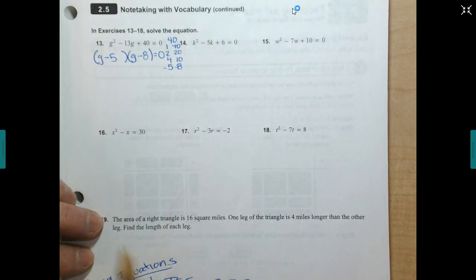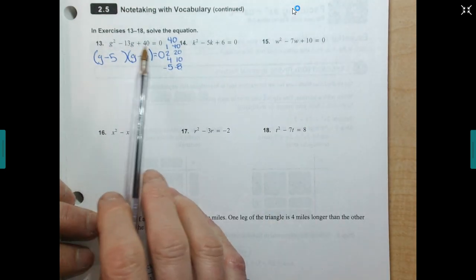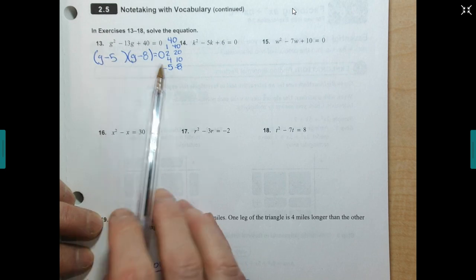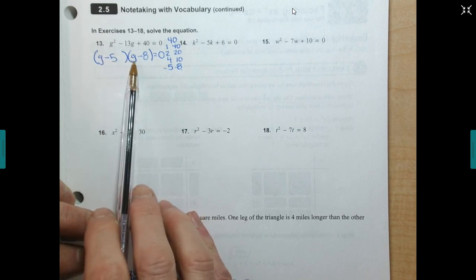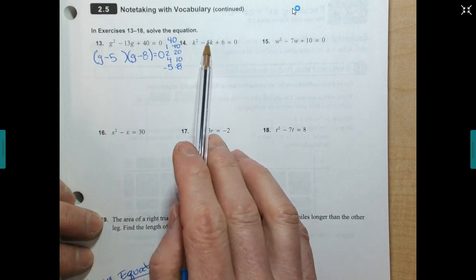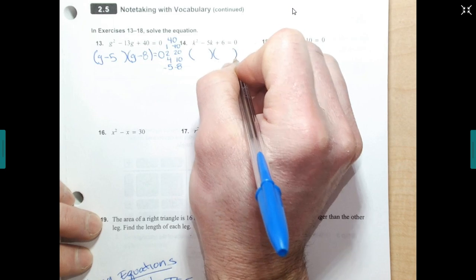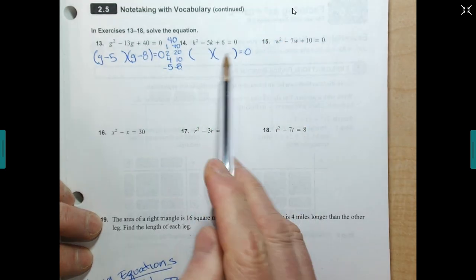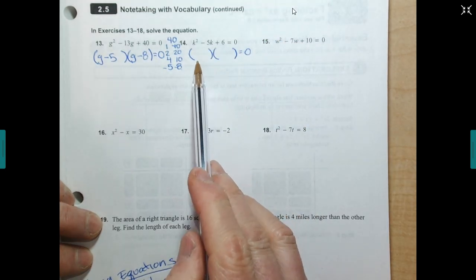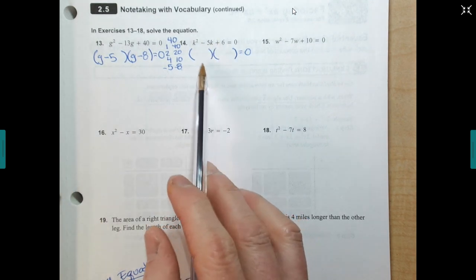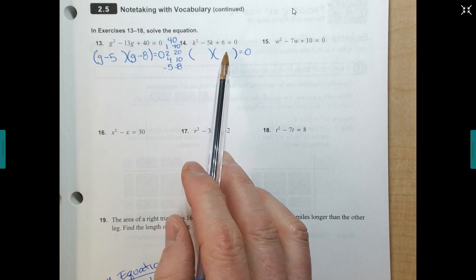Now, please keep in mind, if you have a positive number here, these two have to be the same. They have to be the same. So keep that in mind. So for this one, when you have your parentheses, since this is a positive, these have to be the same. Now go ahead and try and solve this one and then come back and check and see if both of these are the same.